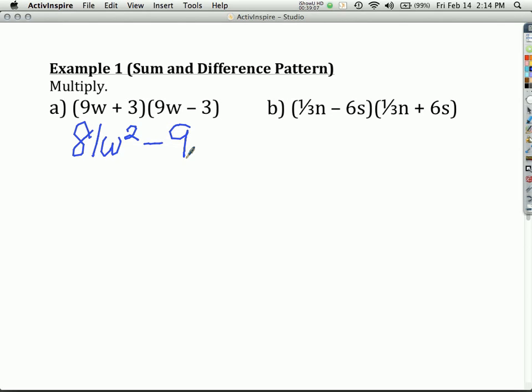This is the one where the middle terms disappear. So there's no middle term, and so all you have to do is square the first term, 81w squared, square the second term, 9, and put a subtraction sign between them. And that's it. And we want to be efficient. We want to be quick. Yes? So basically it's FOIL except without the O and the I. Exactly. Exactly.